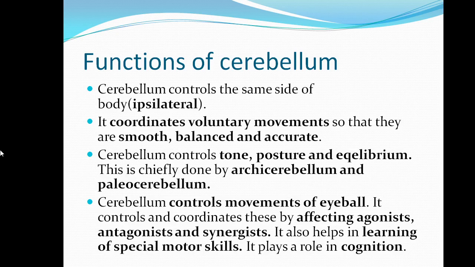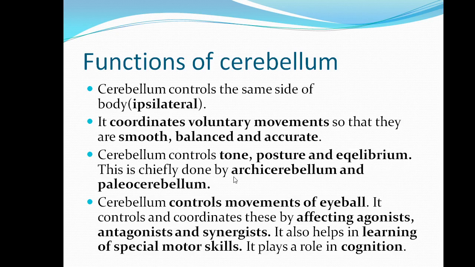Functions of the cerebellum. The cerebellum controls the same side of the body, that is, the control is ipsilateral. It coordinates voluntary movements so that they are smooth, balanced, and accurate. The cerebellum controls tone, posture, and equilibrium.